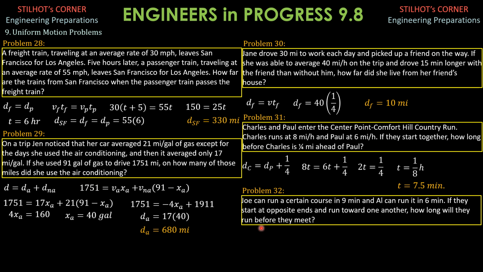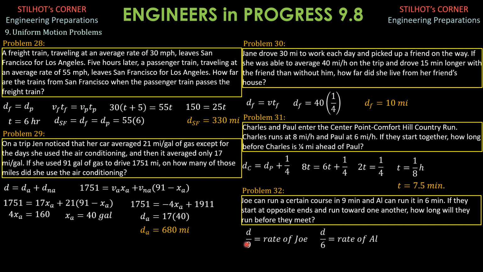Since Joe can run that certain course in 9 minutes, the rate of Joe is that distance, it may be in meters per minute. So d over 9 is the rate or speed of Joe. Then d over 6 would be the speed or rate of Al.